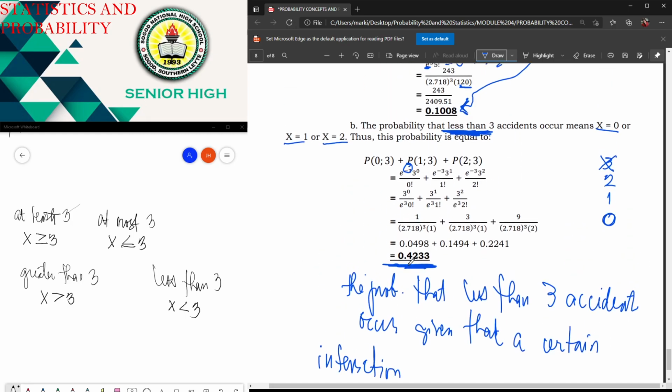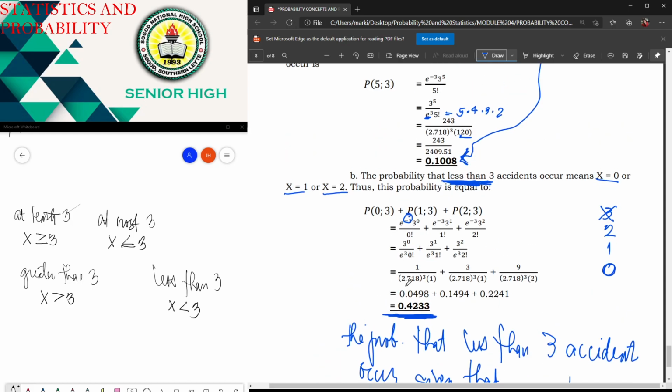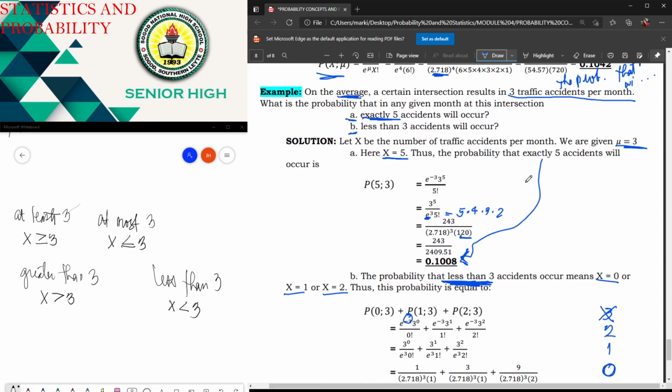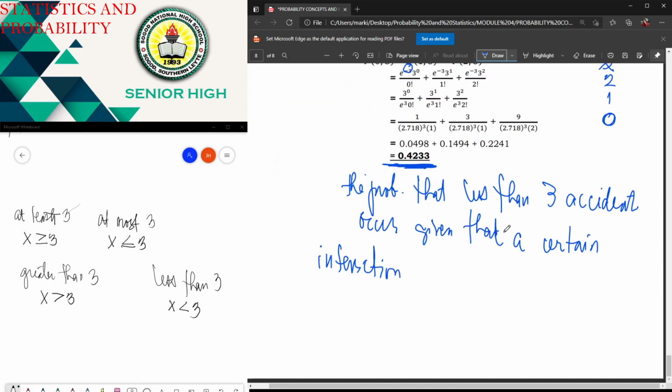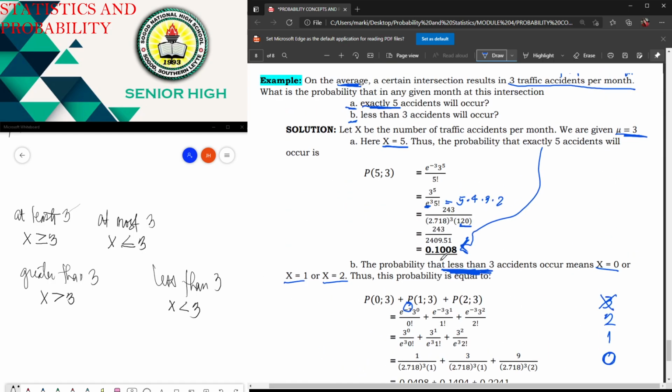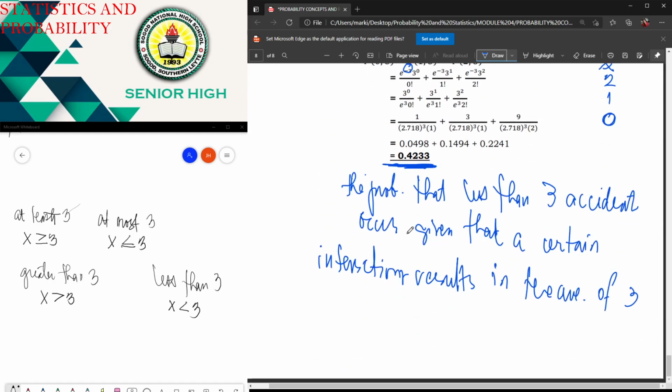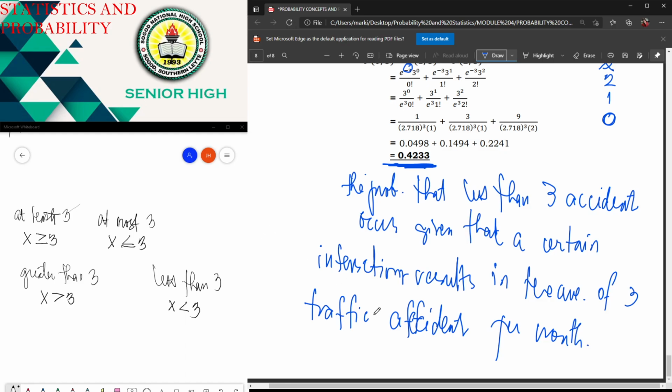So the answer is dependent on the given problem. So results in a certain intersection, results in the average of 3 traffic accidents per month. Okay, so that's it.